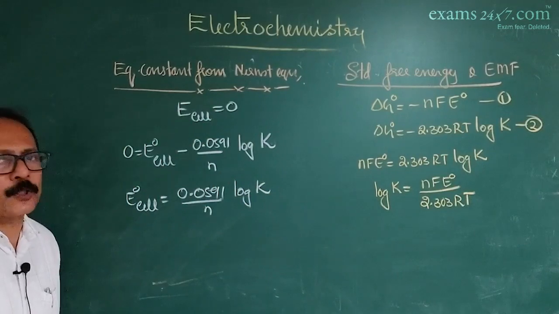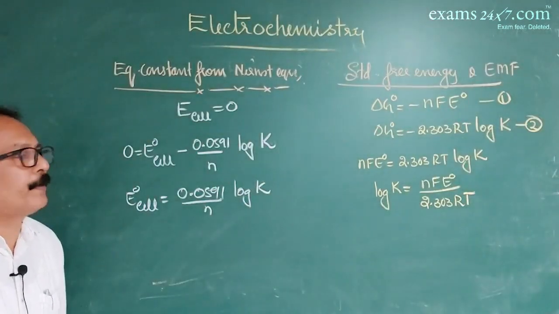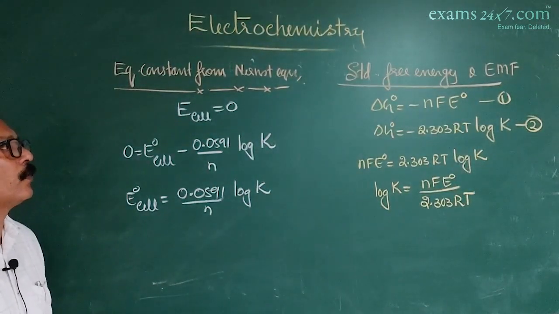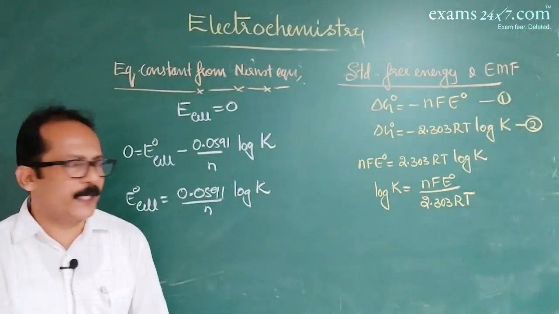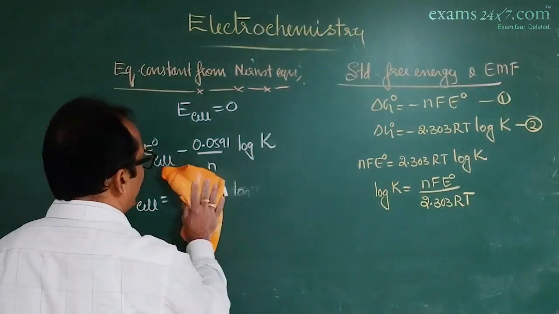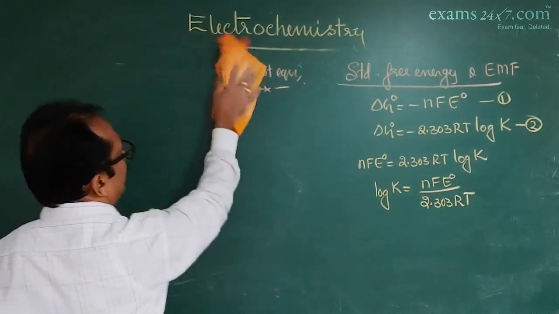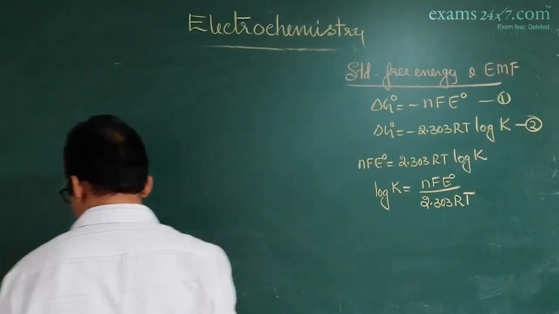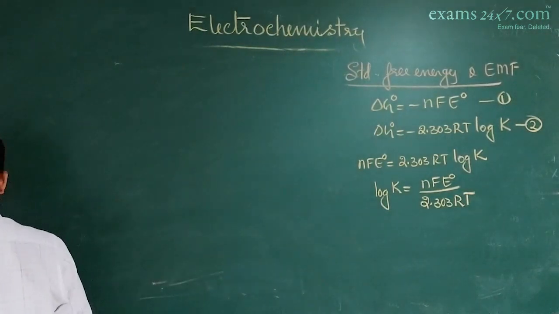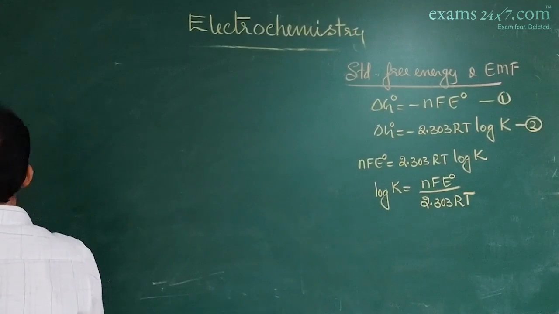So from this form also we can calculate the equilibrium constant. It's about the relation between standard free energy change and equilibrium constant, as well as standard free energy change and EMF.